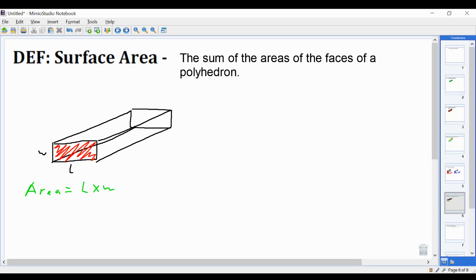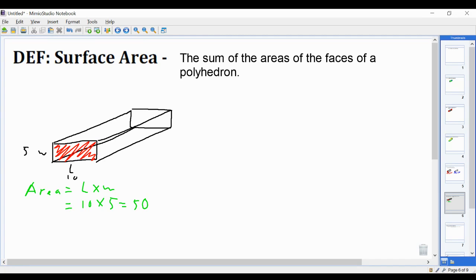So let's say that this rectangle has a width of 5 and a length of 10. Then the area of the rectangle is just 10 times 5, which gives us an area of 50.